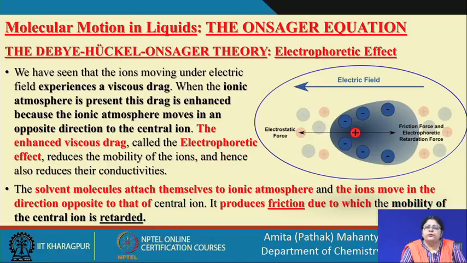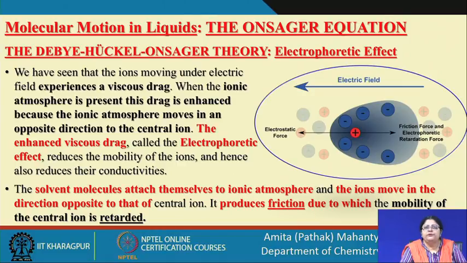Okay. So, concept-wise, both the electrophoretic and asymmetric effects will reduce the movement of the ions, or reduce the mobility of the ions, because in both cases the ion is trying to move forward towards the cathode for a positive ion, but it is dragged behind. For the asymmetric effect, it is dragged behind by the not completely dispersed ionic atmosphere.